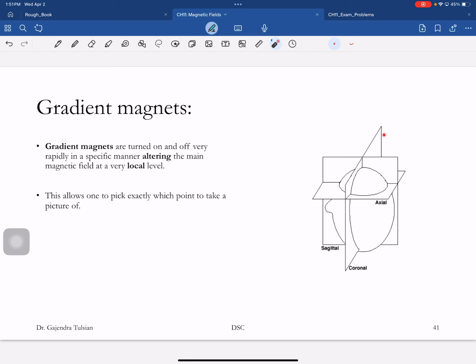So right now you're taking a picture on the intersection of those three planes at that spot. That spot has the right magnetic field. And then once you take a picture of that spot, you move to the next spot and so on. This allows one to pick exactly what point to take a picture of.